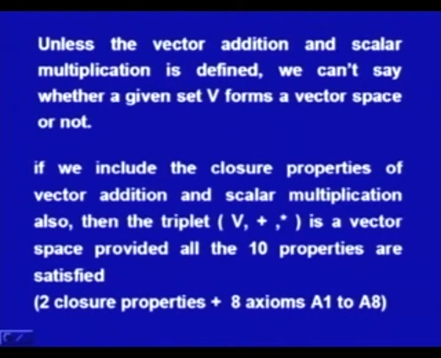Now, if we include the closure property of vector addition and scalar multiplication also, then this triplet V, plus and star, is a vector space provided all the 10 properties are satisfied. These 10 properties are two closure properties, one with respect to addition, another with respect to scalar multiplication, and 8 axioms which I have just now discussed from A1 to A8.